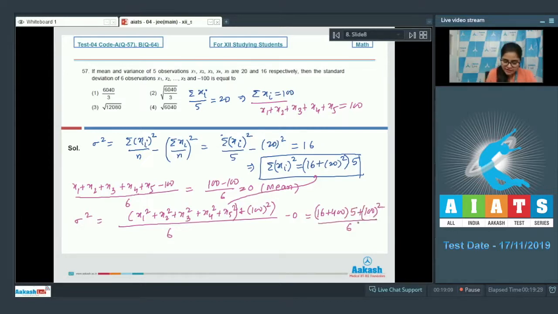This is your variance. So, sigma square is equal to 12080 divided by 6. Just calculate it. Now, standard deviation is root over 6040 divided by 3. So, just check on all options. Option number 2 is your correct answer. Now, move on to the next question.